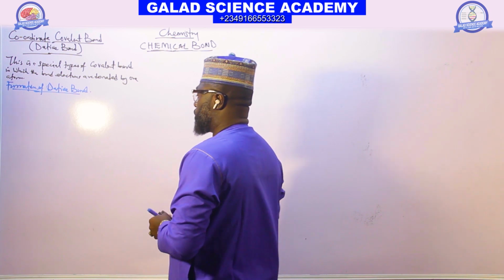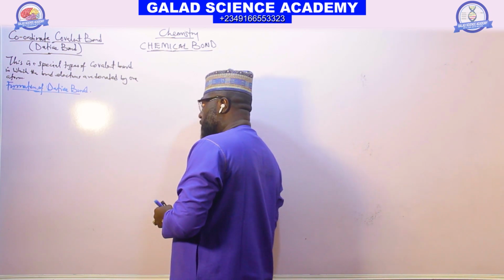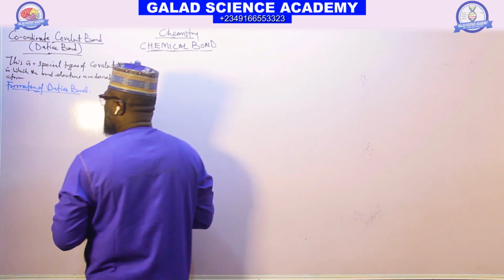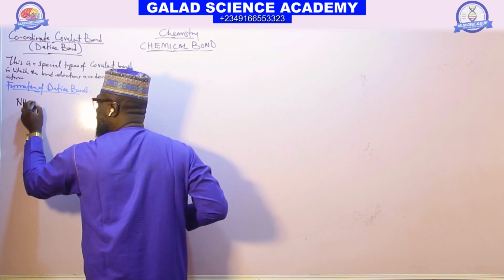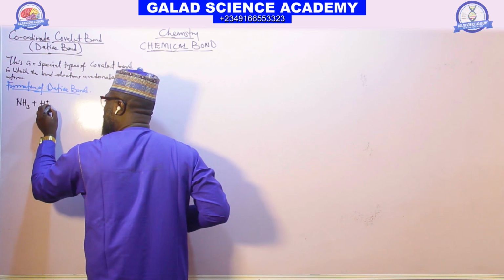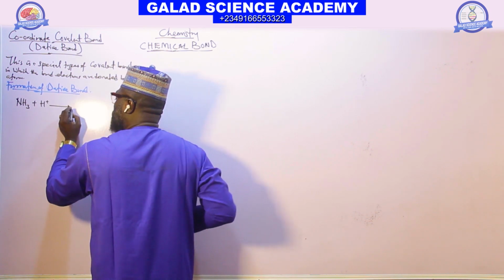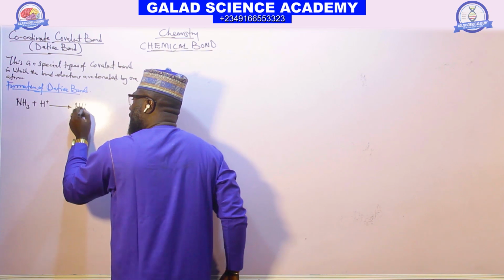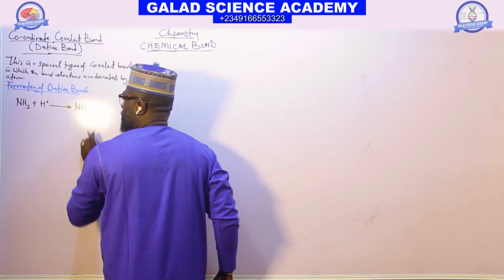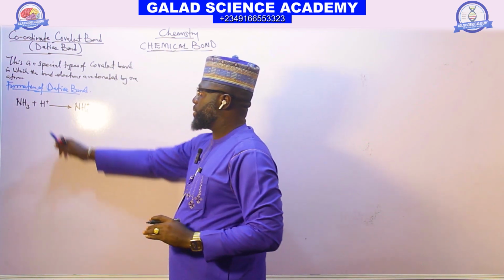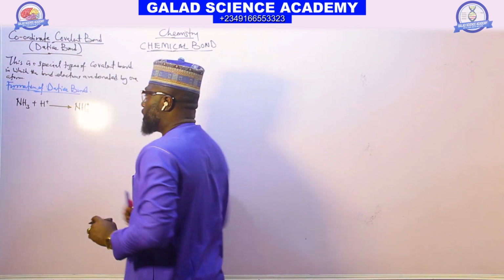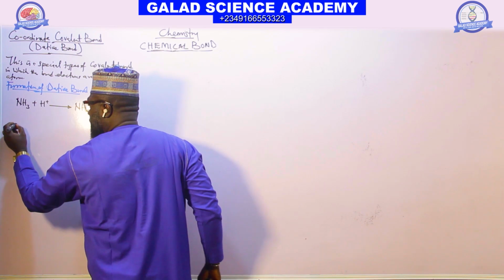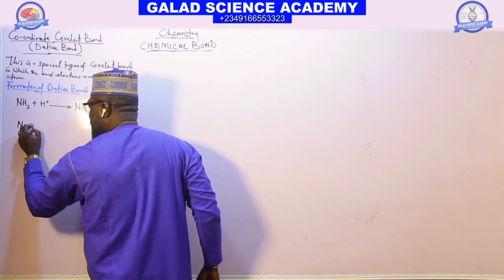For example, let us look at the reaction between NH3 and the hydrogen ion to give us NH4+. The bond between the hydrogen ion and ammonia is a dative bond.